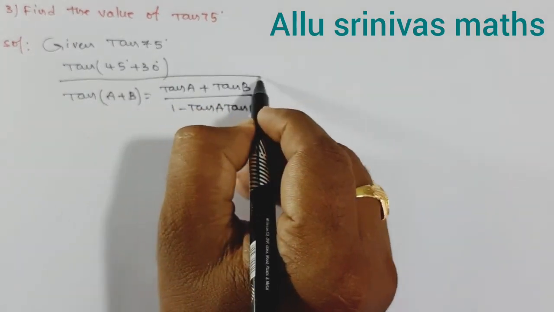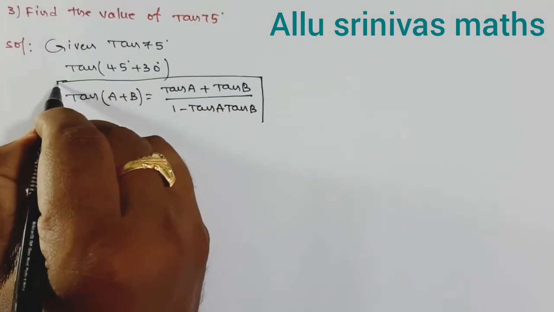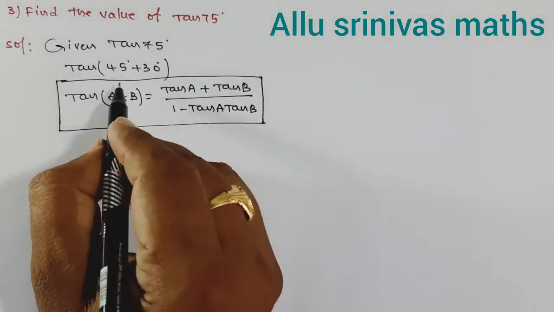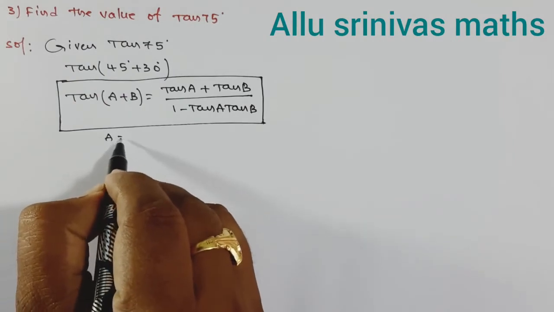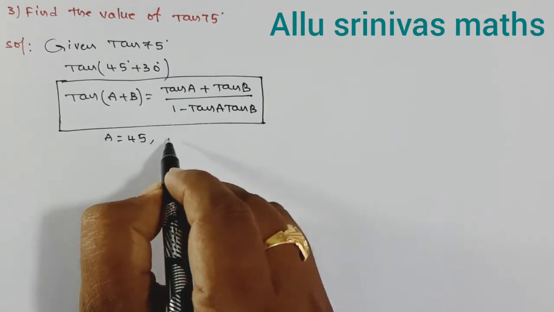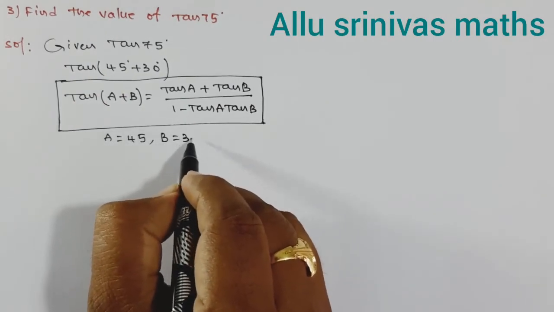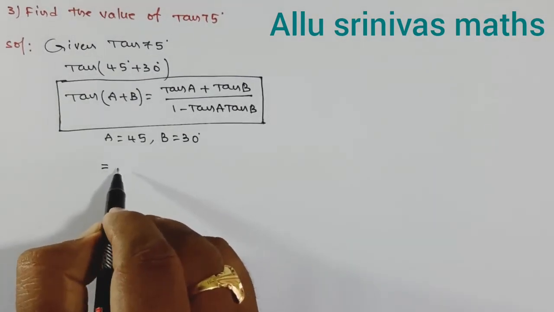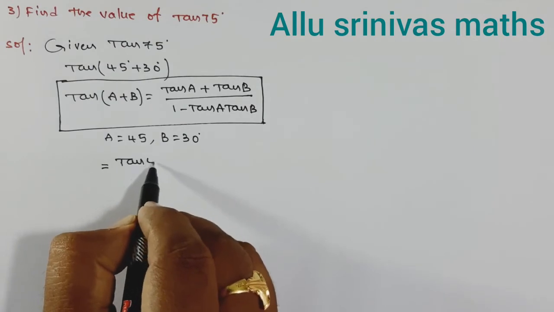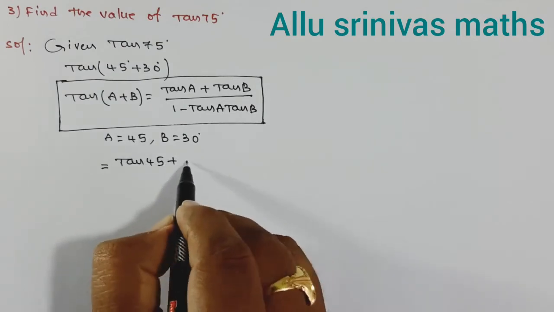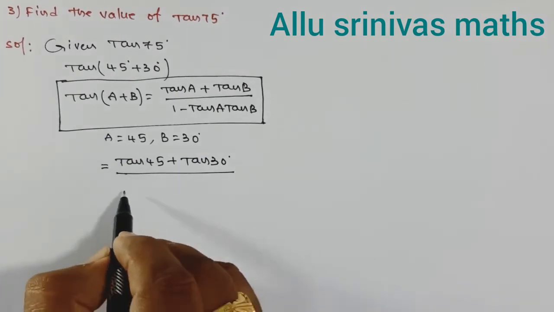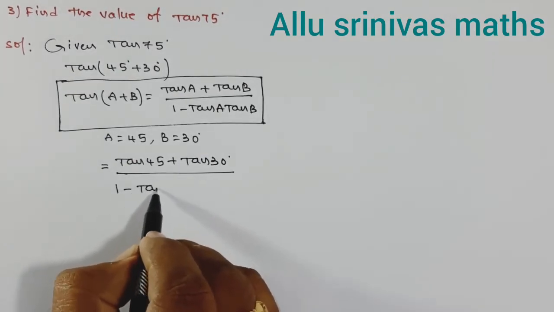Compare to this, here angle A is 45 degrees and angle B is 30 degrees. Substitute the values in this formula: tan 45 degrees plus tan 30 degrees divided by 1 minus tan 45 into tan 30.